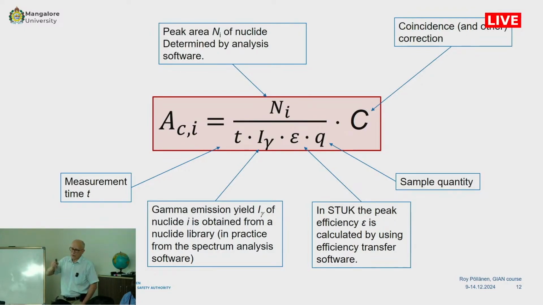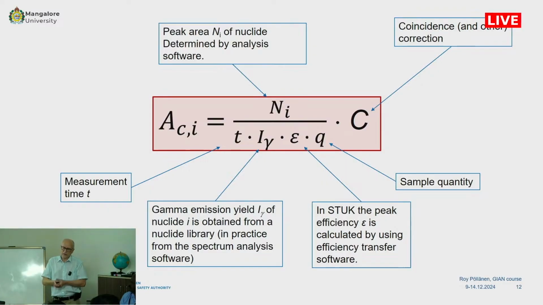And I will explain this later, but it means that not all gammas go to the detector. Most of them go in another direction, and we have to take that into account. And a lot of different effects.